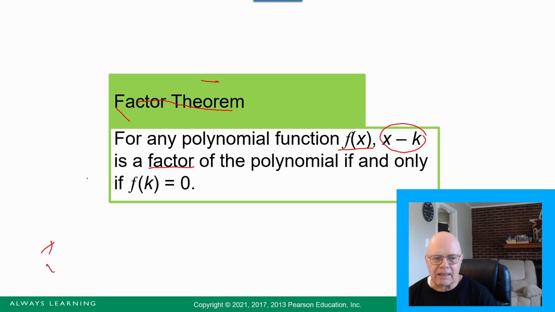That and the fact that if you put that k into the function, you get 0. In other words, it's a 0. It's a solution. It's a root. And x minus k is a factor. Those two work in the same way. So link those two concepts together, and there's your factor theorem.